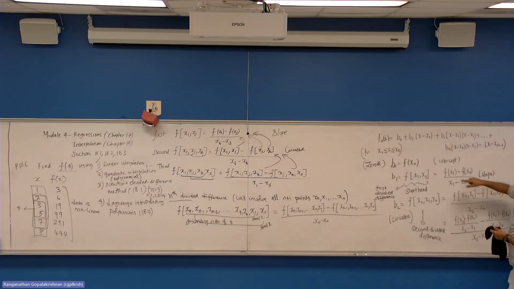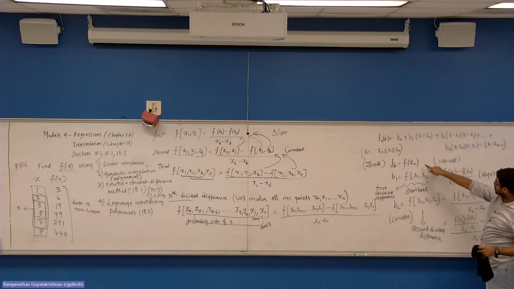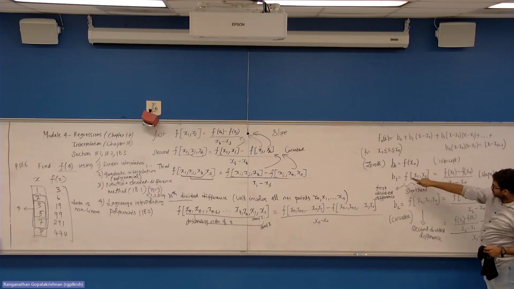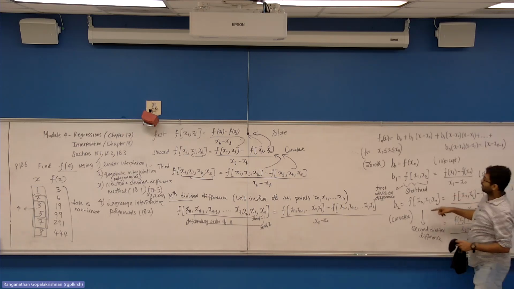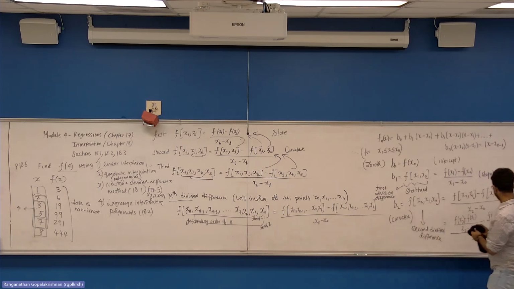We'll keep even this b naught, which is the 0th divided difference, b1 the first divided difference, b2 the second divided difference, and to this we'll also add b3.